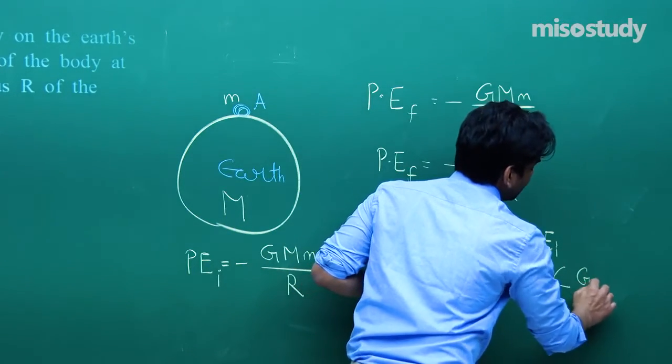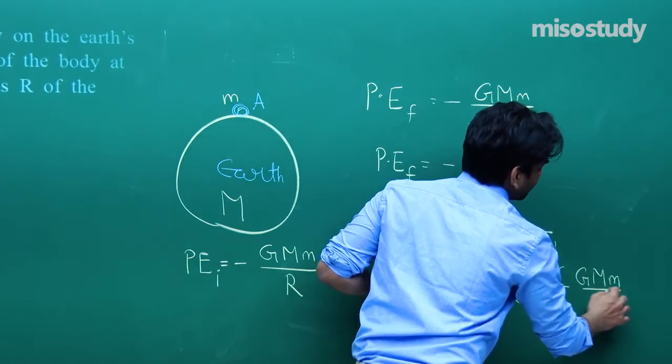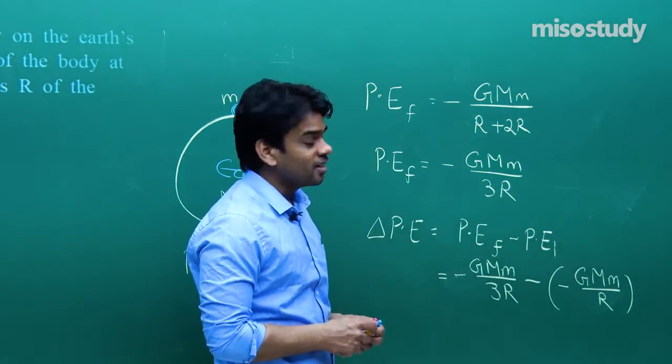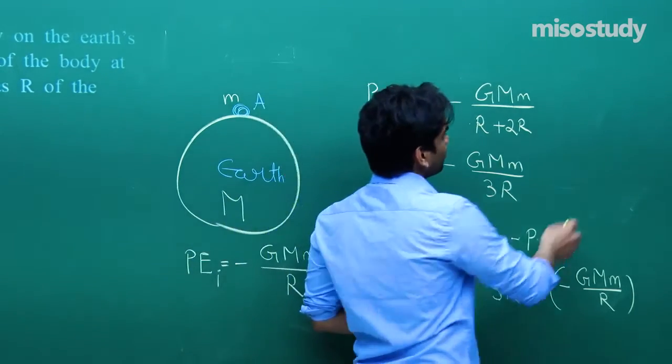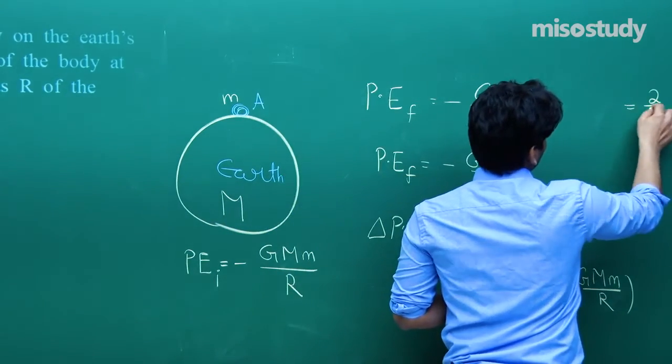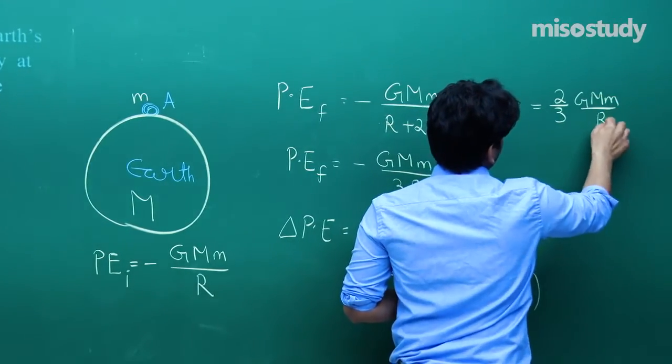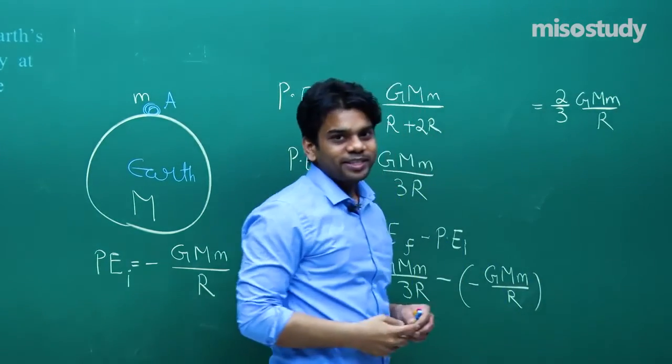So GM by r minus GM by 3r, you will be getting 2 by 3 GM by r. So this will be equal to 2 by 3 GMm by r.